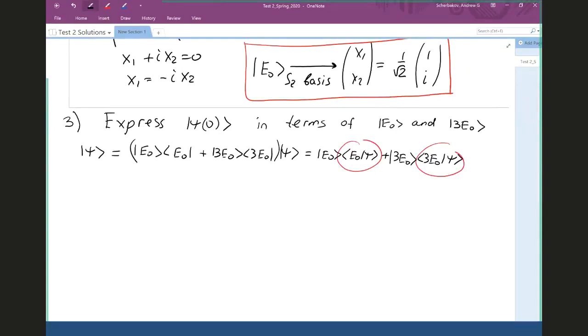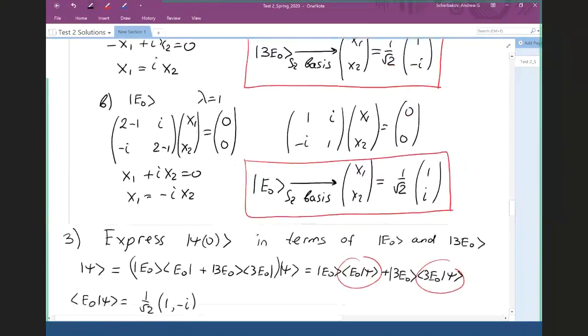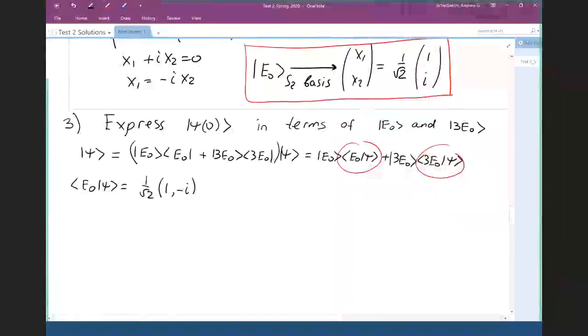Let's calculate that. So the first probability amplitude, bra E naught psi: what is E naught? E naught was 1, i, right? So I can write it like this: 1 over root 2, and you make a bra out of that, 1, negative i. Alright, so then I multiply this by 1, 0, and what do I get? I get 1 over root 2.